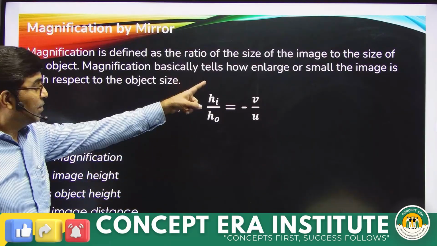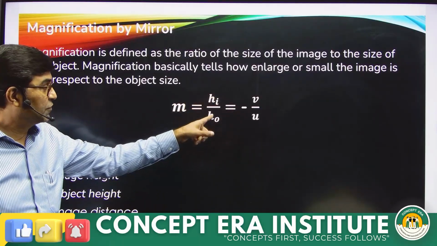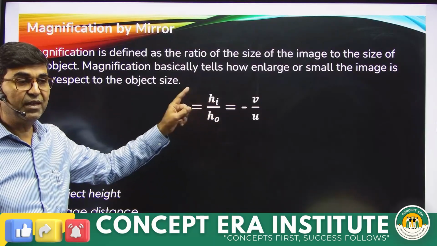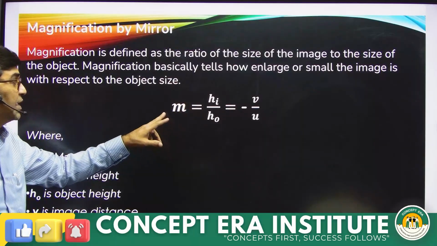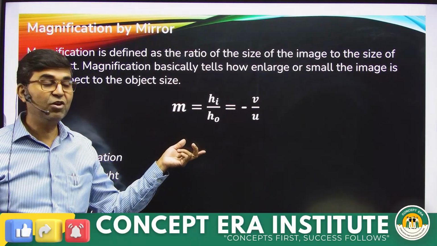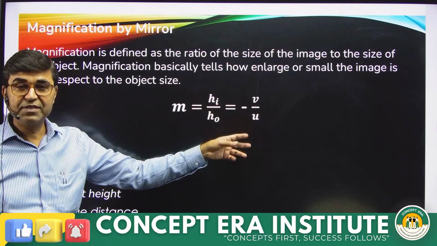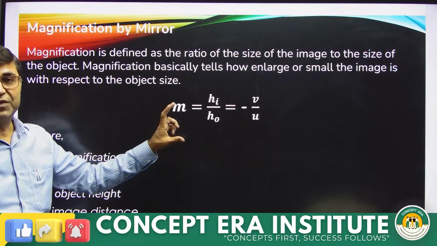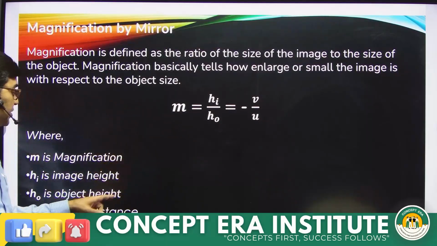Now, if the value of this fraction is greater than 1, like 5 by 3 or 3 by 2, that shows that the image is enlarged or of bigger size than the object. And if the value of that fraction is proper, that is, if it is less than 1, then it tells you that the image formed is smaller than the object. That means the image is diminished.